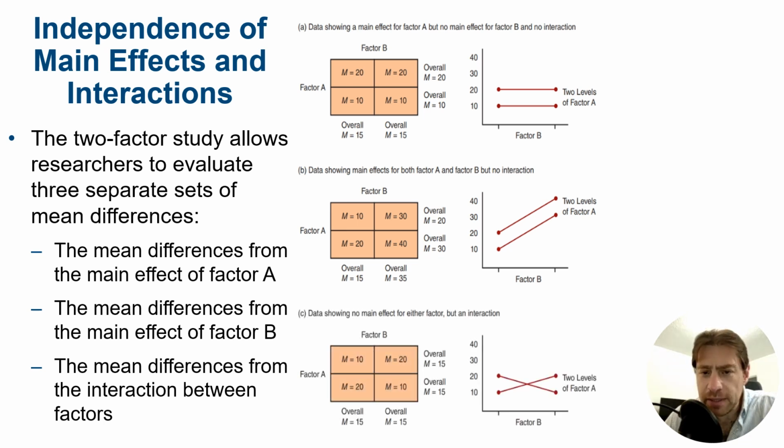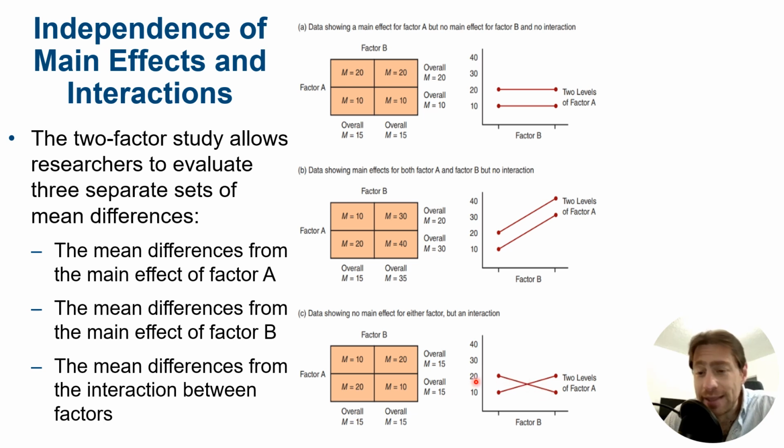And finally, you have a situation where there is no main effect of factor A and no main effect of factor B. You can see that by looking at the means, and the means are the same for both factors. However, looking at the line graph, we see a clear interaction. The lines intersect with one another.